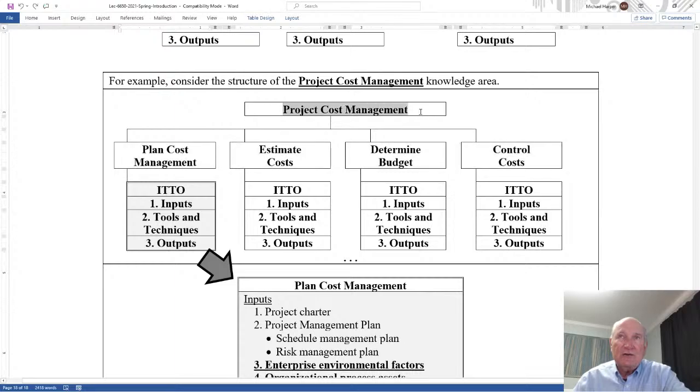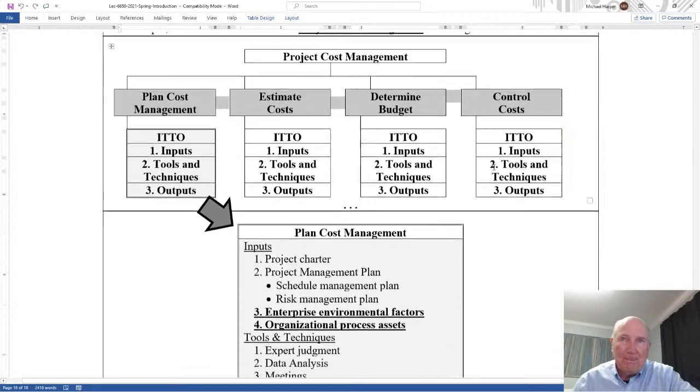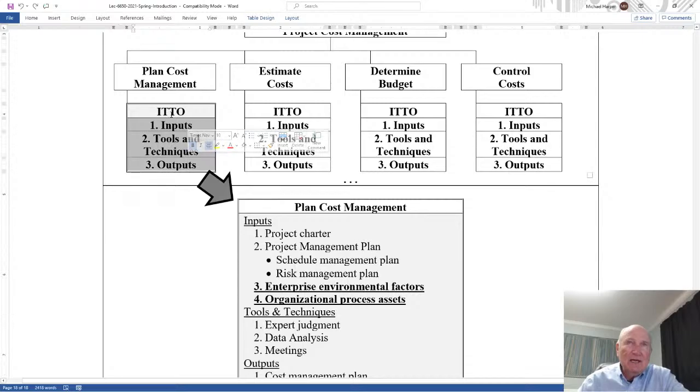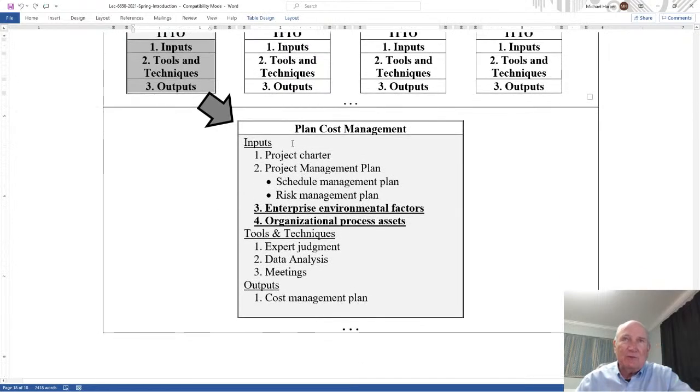So this is a knowledge area, and these are processes within that knowledge area. Okay, well, under each one of these, there's ITTOs: inputs, tools and techniques, and outputs. And for the plan cost management process, I pulled it out. This is what the PMBOK guide says. It says, okay, here are the inputs, here are the tools and techniques, and here are the outputs.